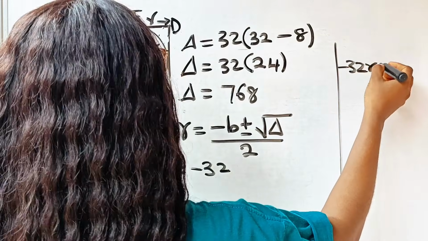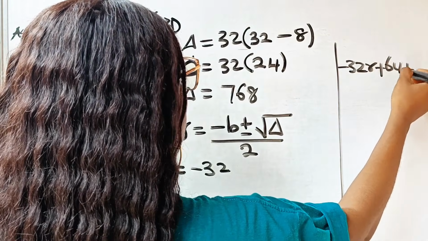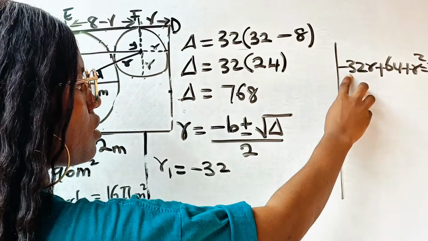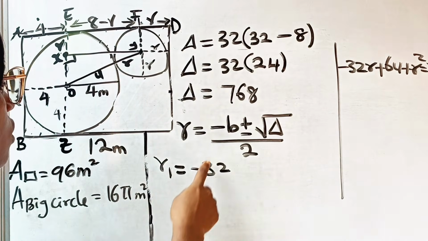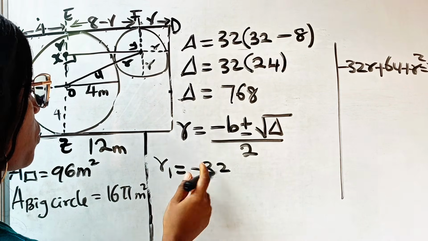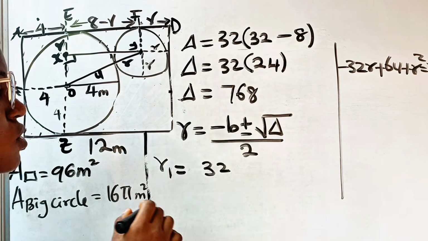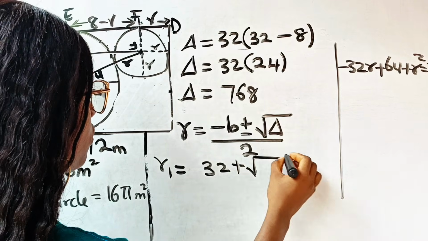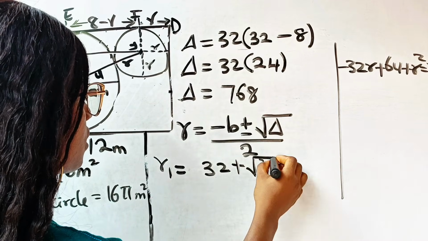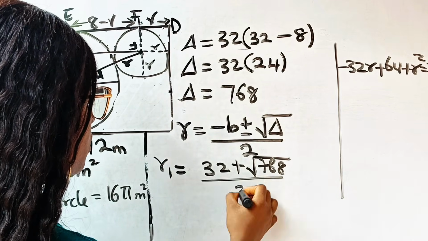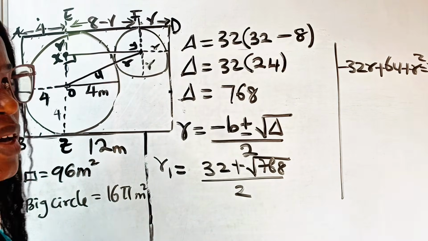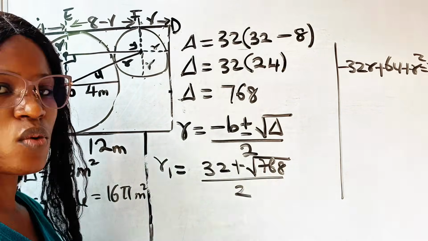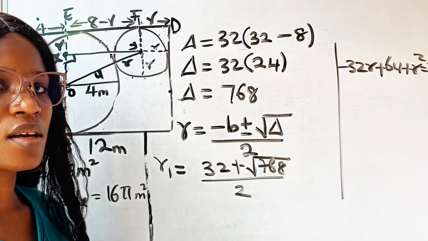Minus 32r plus 64 plus r squared equals 0. So you notice that our b is already negative 32. So negative negative will give us positive. So this becomes plus 32. Then plus square root of 768 divided by 2. So I think it's better if we simplify square root of 768.